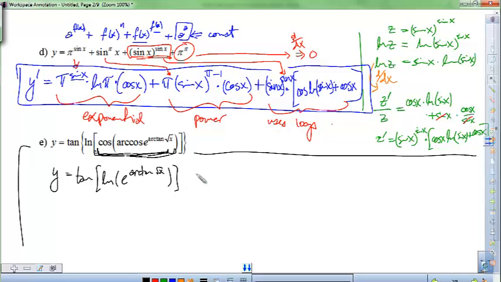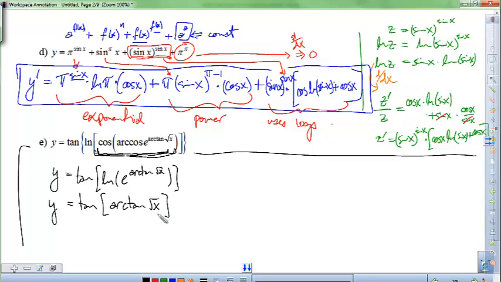Okay, well, wait, it looks like the ln of e to the something is going to undo each other as well. So this is still y equals the tangent of, now the ln of e would undo each other, and we have the arctan of the square root of x.